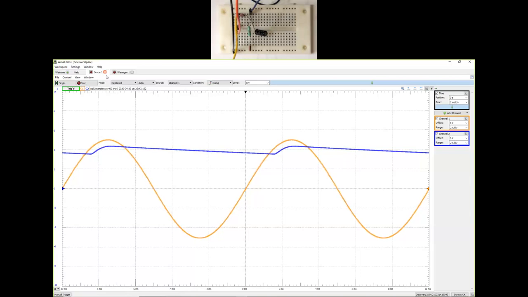So let's see, we can play around with the frequency to keep changing the effect. For example, what if I increased the frequency of my wave gen? Essentially, if this second peak came in much sooner, what is going to happen? Well, I'm going to be stopping the discharge of the capacitor sooner, which means that my ripple voltage is going to be less.